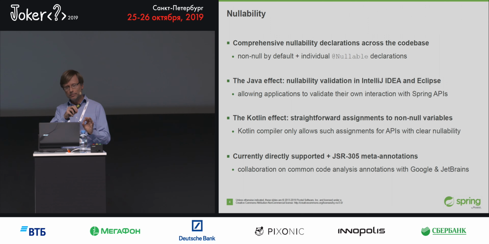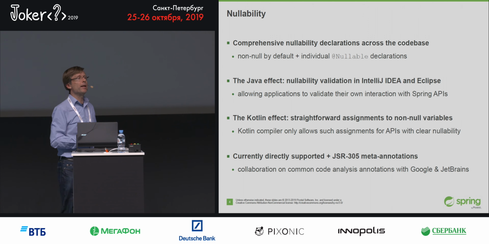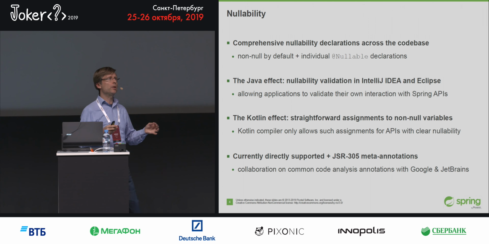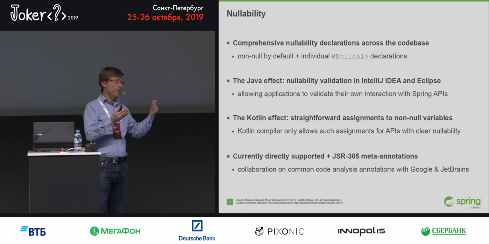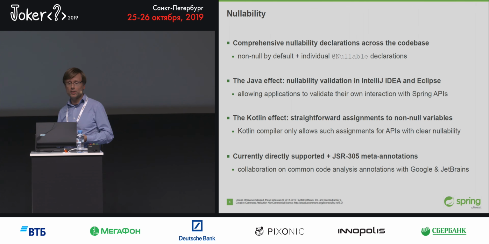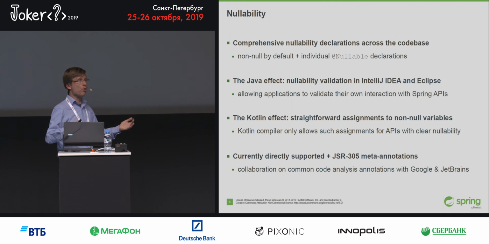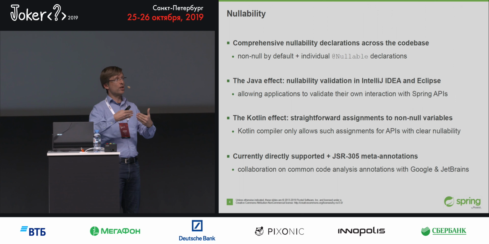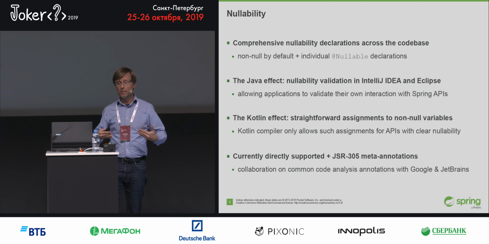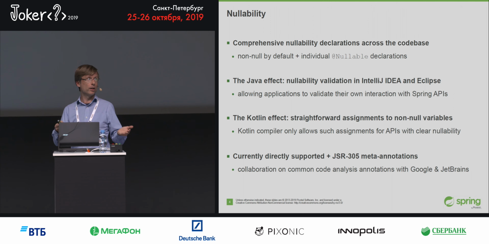It will highlight, basically with a little red line, every single mismatch, in both ways. Where a null value might come out of it but you're not checking against it, you might run into a NullPointerException. But also the other way around, where a value will never be null according to the API declarations and the call chain, but you're adding a non-null check, an unnecessary non-null check.